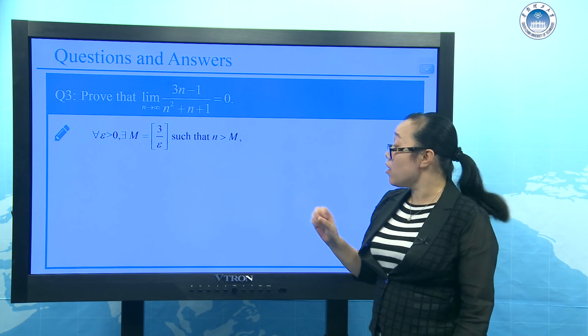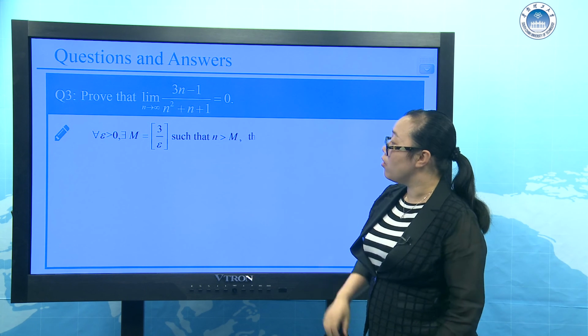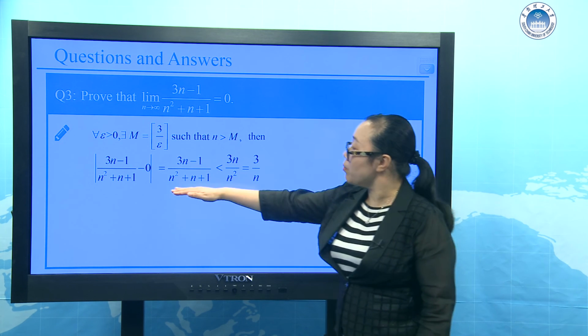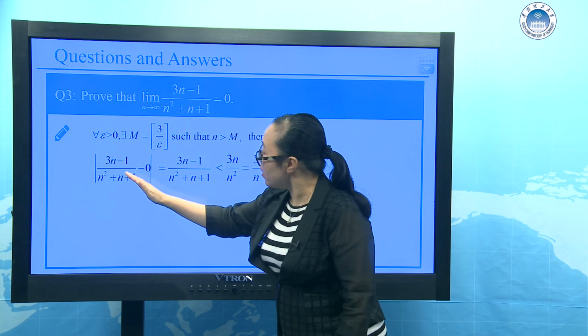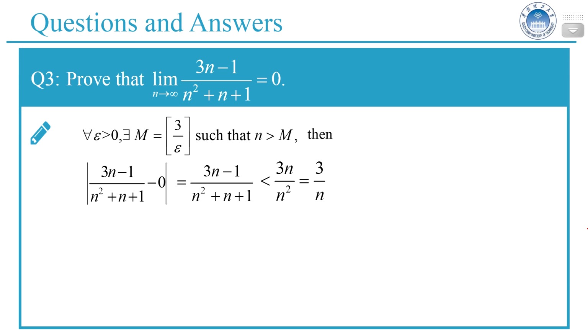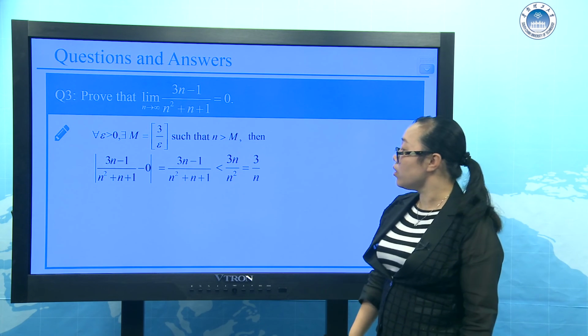Such that if n is greater than capital M, we always have this expression. This means the absolute value of a_n minus L equals this expression, which is less than 3n over n squared. This term becomes larger, equal to 3 over n.